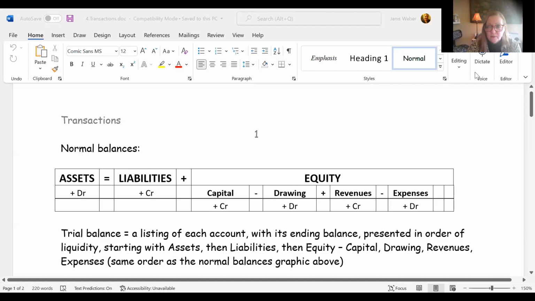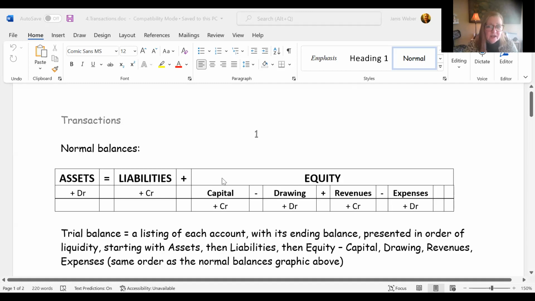Okay, you might remember that we learned this already. This is just the normal balances. I hope you remember. Assets have a normal balance of debit, which means they increase with a debit. Liabilities increase with a credit, which means they have a normal balance of credit.